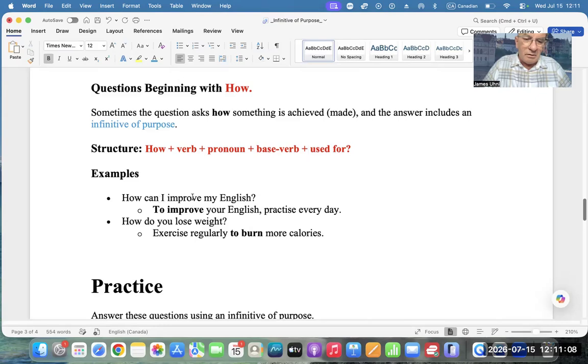I, pronoun, improve is base verb, my is possessive adjective, plus object. I would keep it as it is because in this case, the question is about action. Okay.